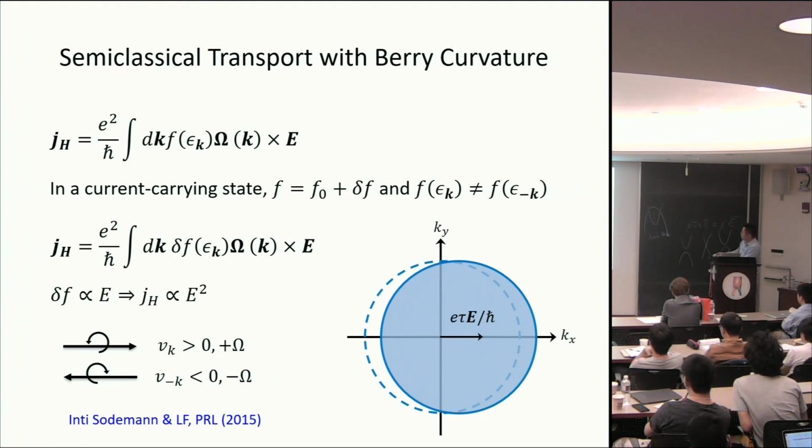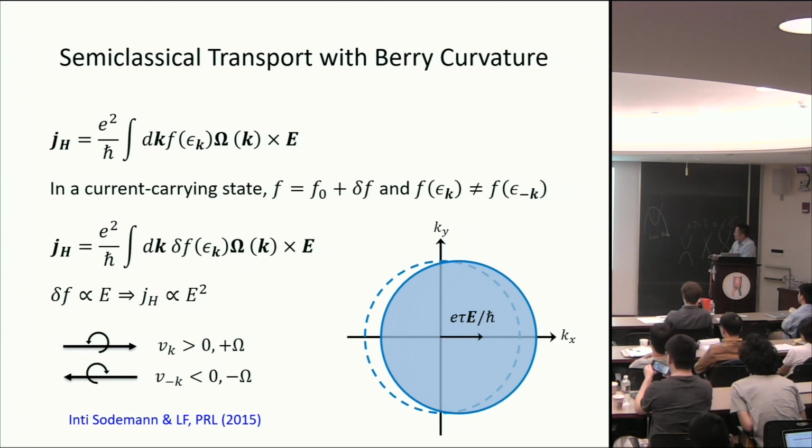Right? There are more electrons moving to the right than those moving to the left. So if we look at the transverse current to second order in the applied electric field, then this integrand is a product of two odd functions of k, so it's finite. So this means that at the second order response, there could be a transverse current.